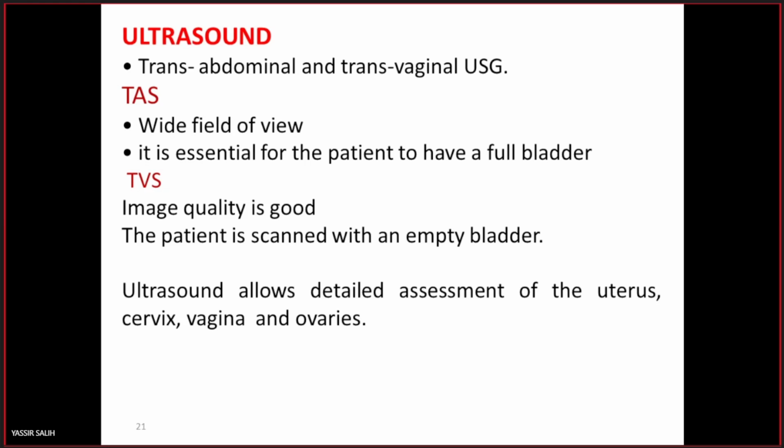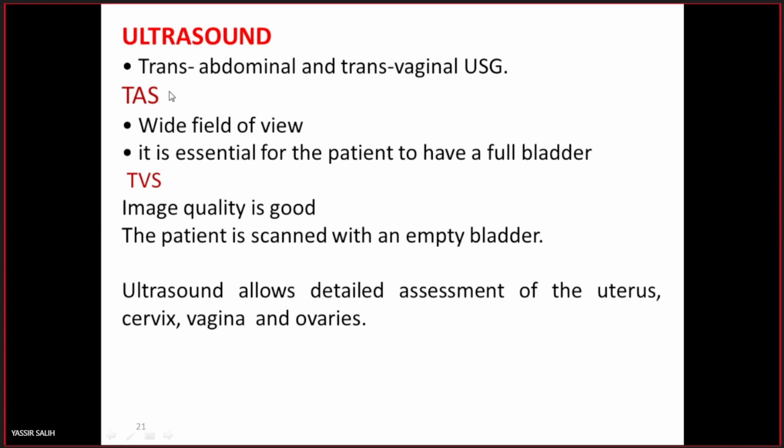Transabdominal ultrasound can display a wide field of view. يعني لما نعمل transabdominal ultrasound, you can see the uterus and both ovaries and it gives us a wide field of view.